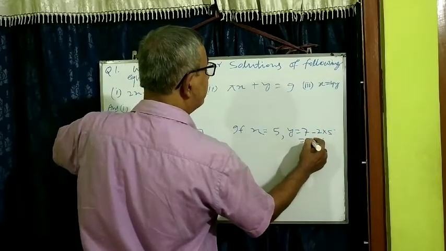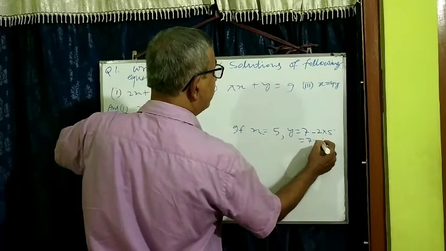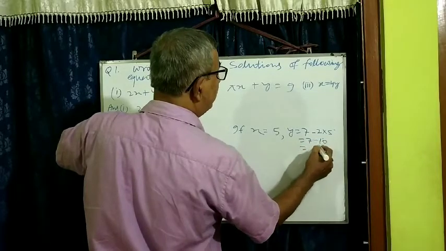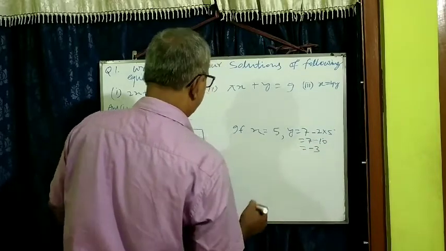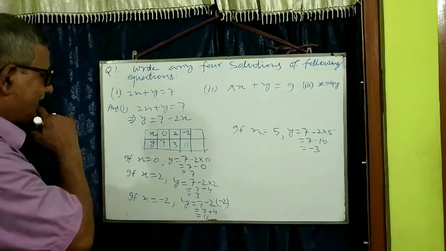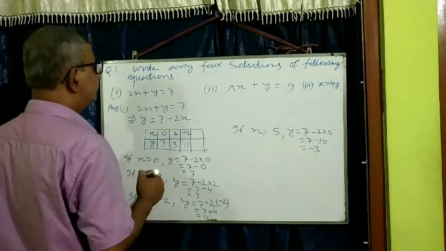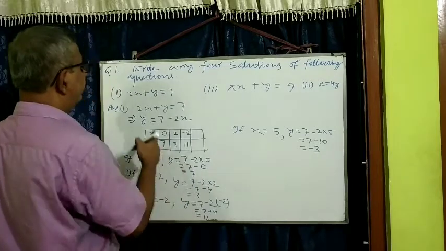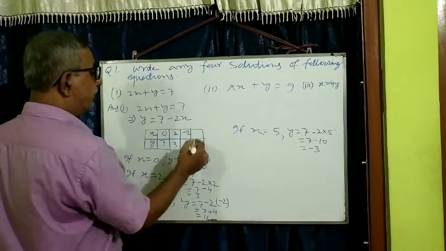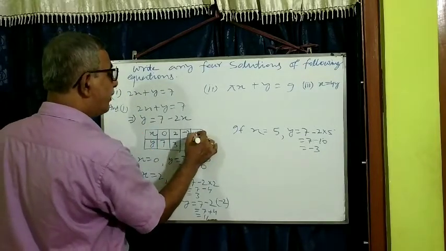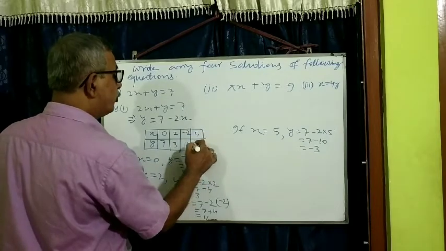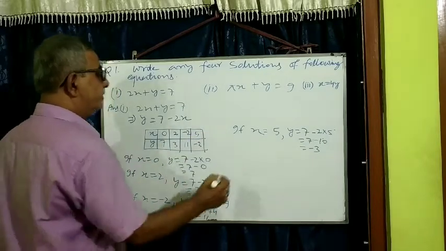You are getting 7 minus 10. Ultimately you are getting what? Minus 3. Minus 3 you are getting here. So x is equal to 5, y is equal to minus 3.